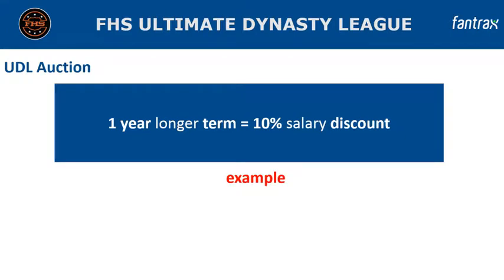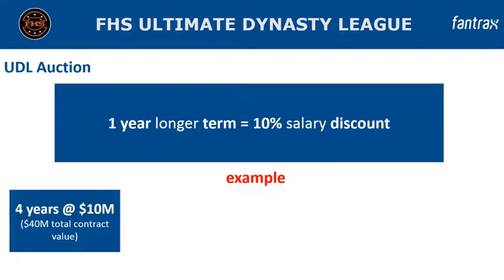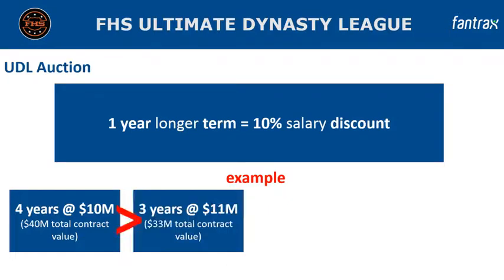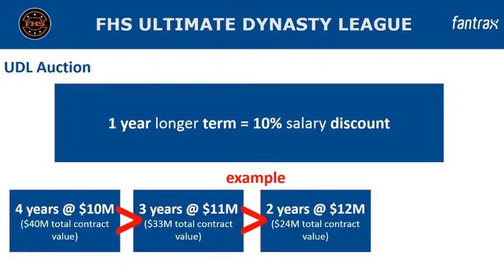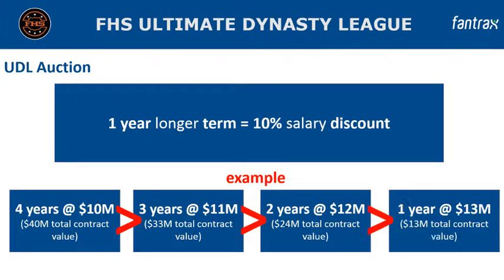And to make it more clear, a simple example is if a contract is offered of 4 years at 10 million, this will trump 3 years at 11 million, will beat 2 years at 12, and so on, 1 year at 13 million.